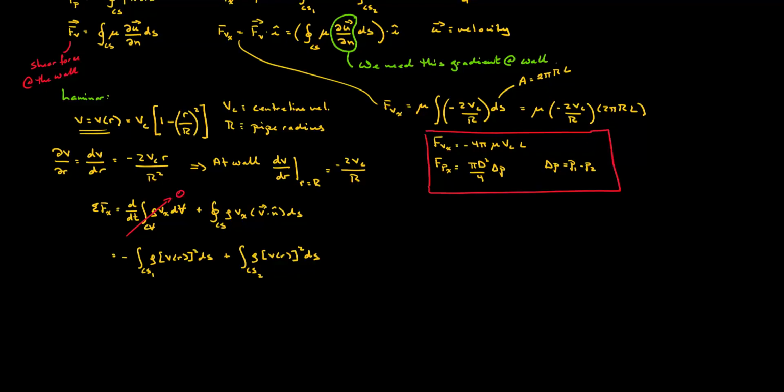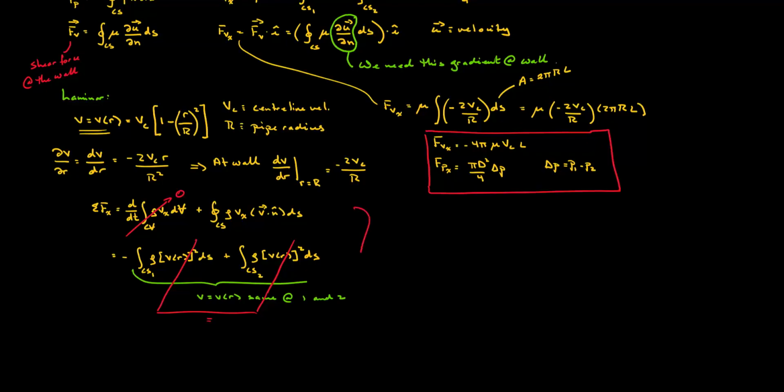Now, recall that we are considering a fully developed flow. In fully developed flow, v of r is the same at 1 and 2. So these two cancel each other out.